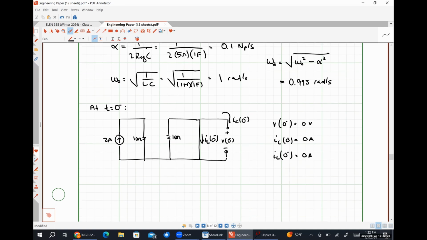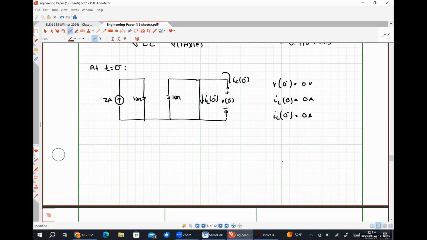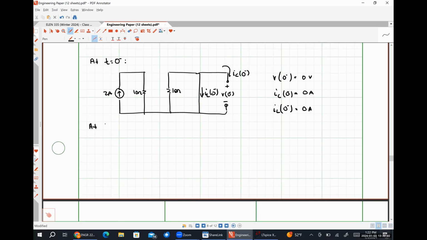All right, now at 0 plus. So at t equals 0 plus, our switch is going to close. So our 2 amp source in parallel with our 10 ohm resistor gets connected to our other 10 ohm resistor.